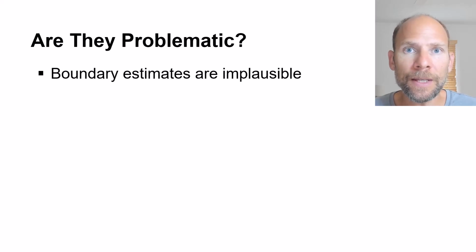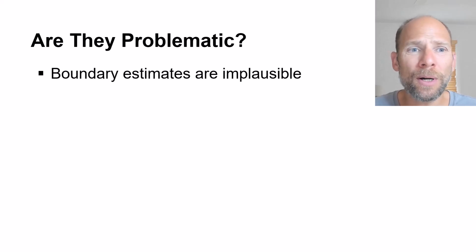So this is somewhat problematic because it's implausible, and because it implies that this item is perfectly reliable, has no measurement error in this given class, and that's something that we typically don't assume.